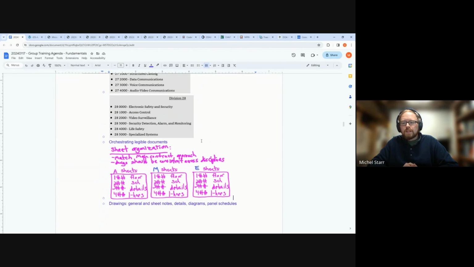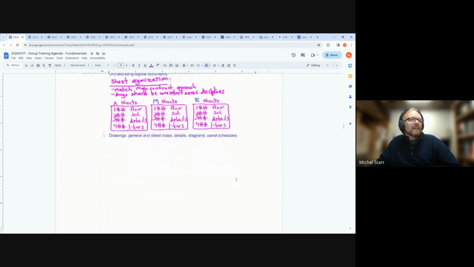If it comes up, I wrote it down. Versus the projects where people understand and know the true value of orchestrating legible documents. That requires a lot of coordination and finding efficient ways to work with each other, because there's only so much time in a project before the next project.